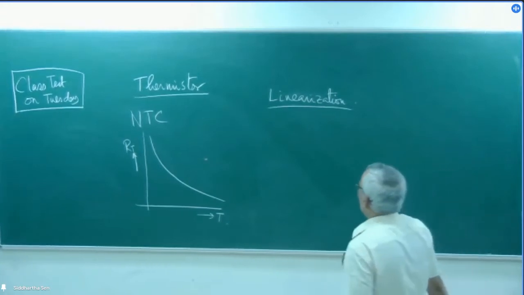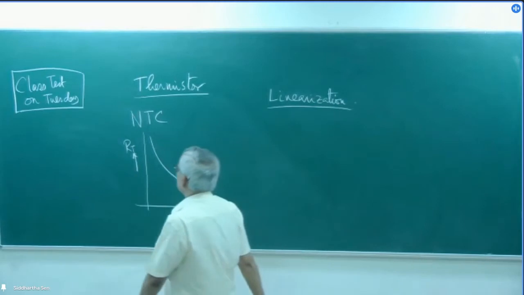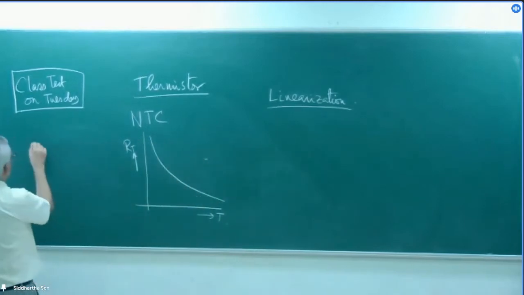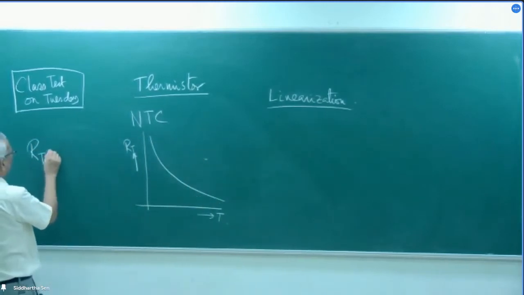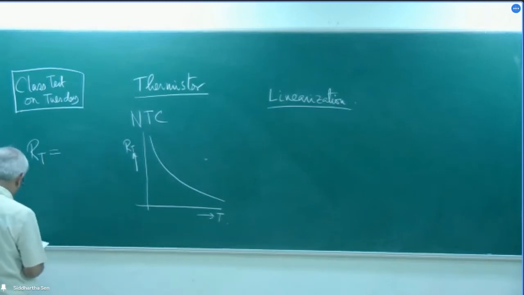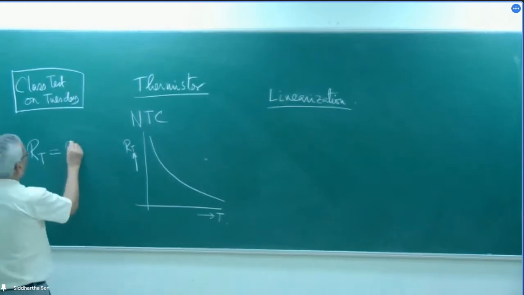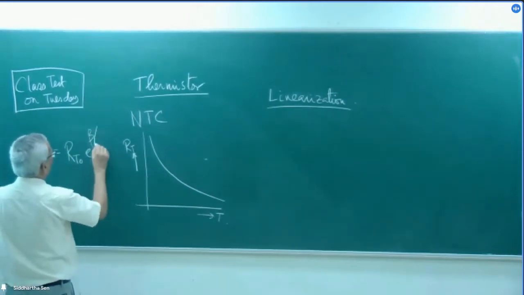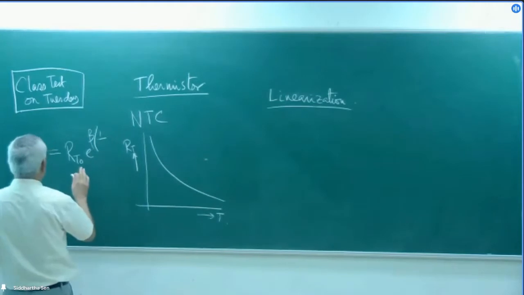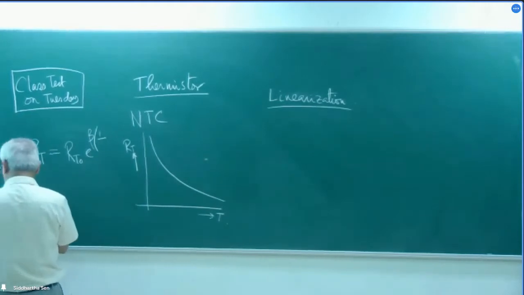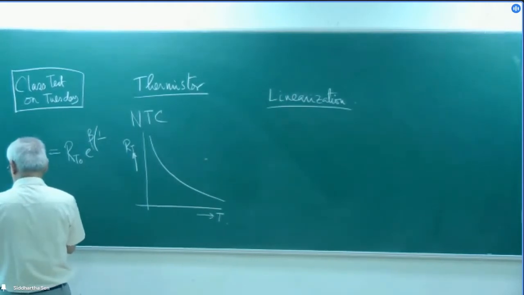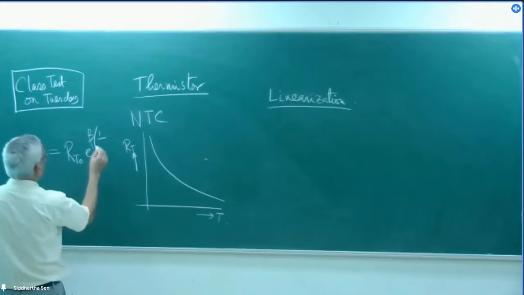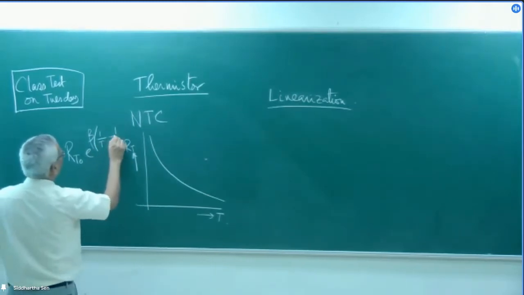If we recall, the thermistor characteristic is given by RT is equal to RT0 e to the power beta into 1 by T minus 1 by T0.